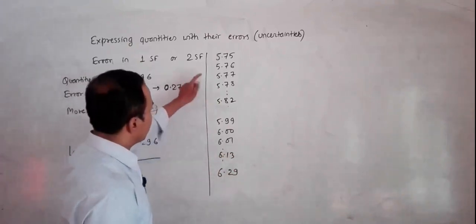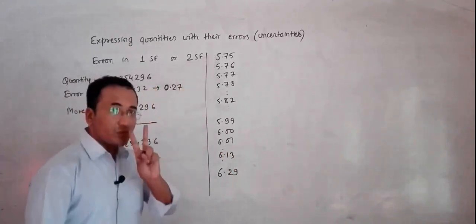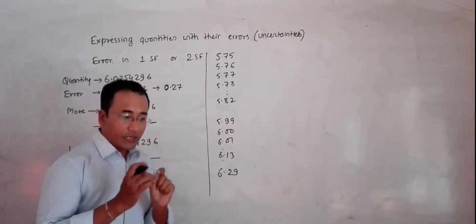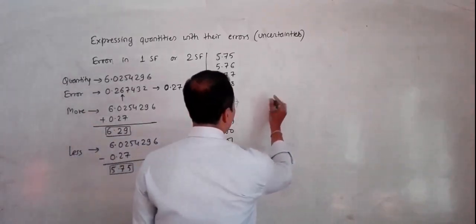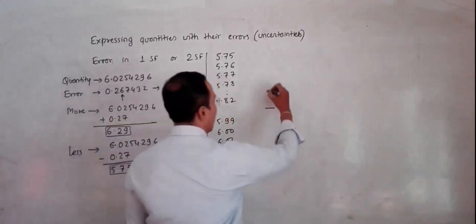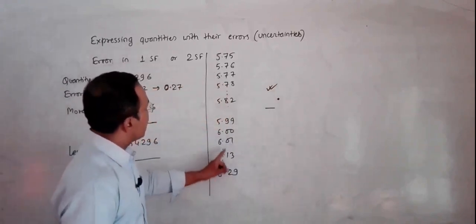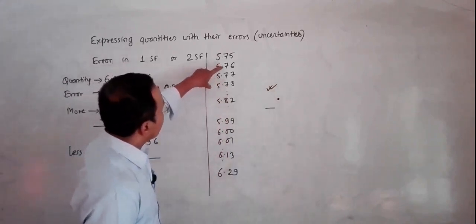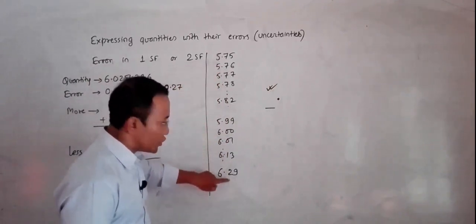So let us go through this digit by digit. The first digit here, the quantity can have only two values. We are sure that it is either 5 or 6. So I can write the first digit before the decimal. This is the decimal point. And about the next digit, it goes from 7, 8, 9, 0, 1, 2.